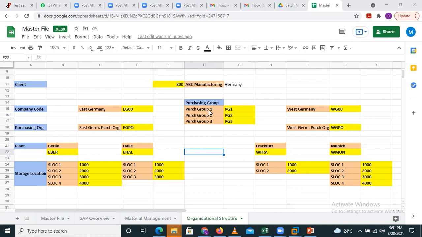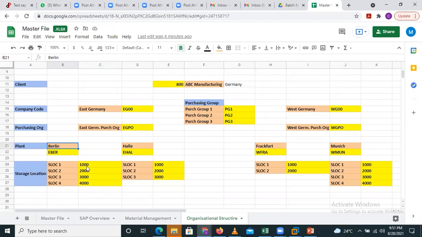Mobin sir, I have a question. Yes. You entered the storage location numbering the same for all the plants. Correct. So there is no confusion during the customization and the implementation. Correct. Storage locations are unique within the plants. So when we are creating a storage location, it will ask for a plant.